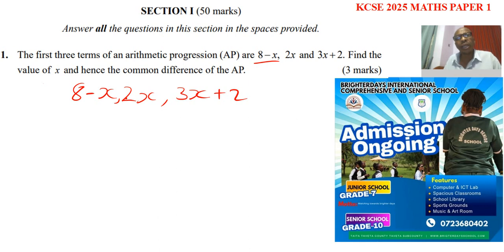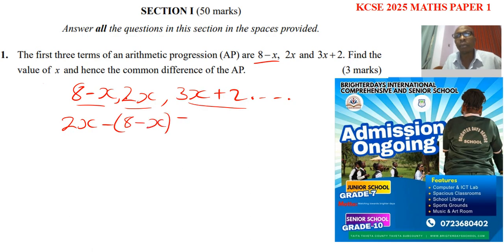So this means that if it obeys the rule of arithmetic sequence, if you subtract 2 consecutive terms, this is a term, and this is a term, and this is a term, then 2x minus 8 minus x should be equal to 3x plus 2 minus 2x, just like we have seen with 2, 4, 6, 8 and such.